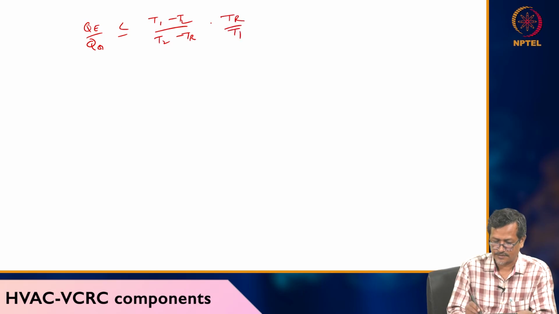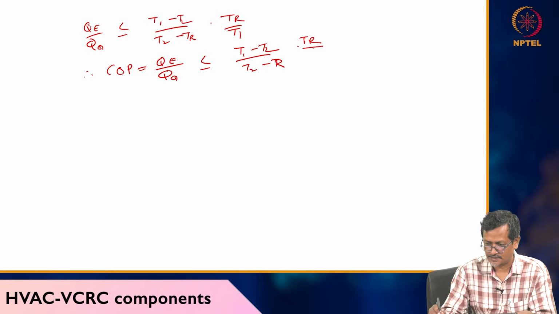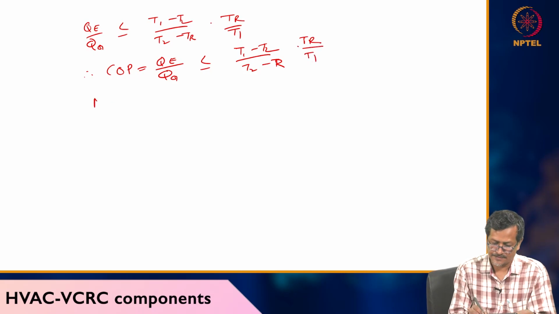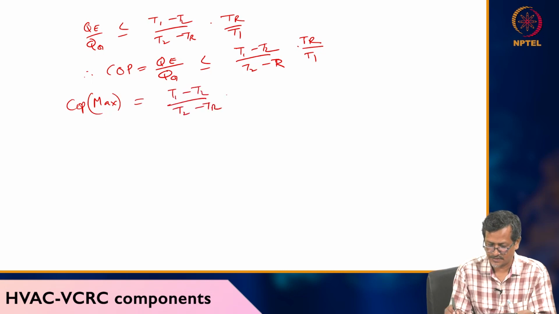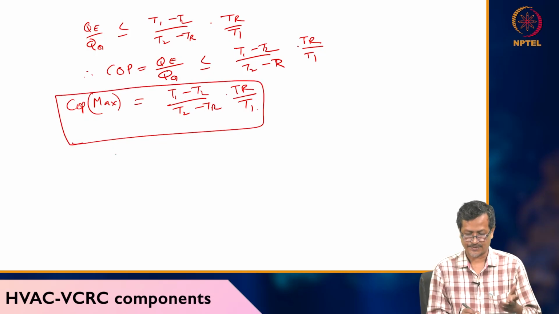So COP equals QE by QG, and the maximum COP equals (T1 minus T2) T2 by (T2 minus TR) T1. This is the formula for the maximum COP you can get from your vapor absorption refrigeration system.